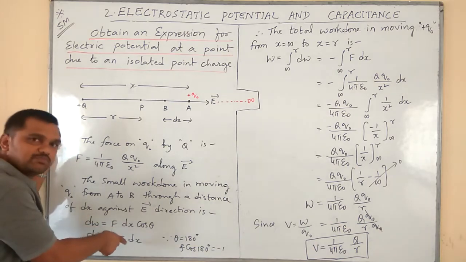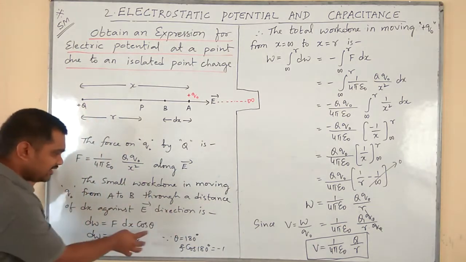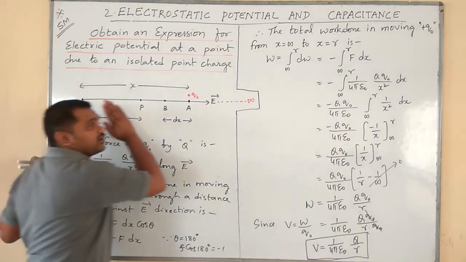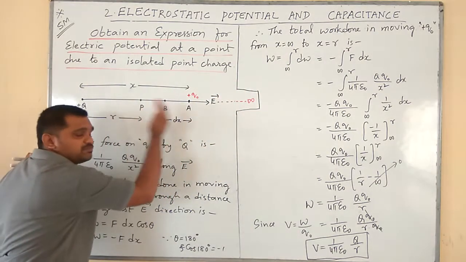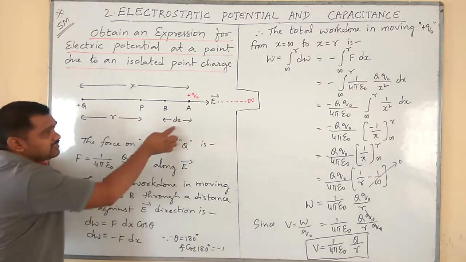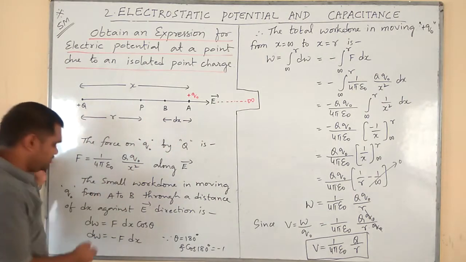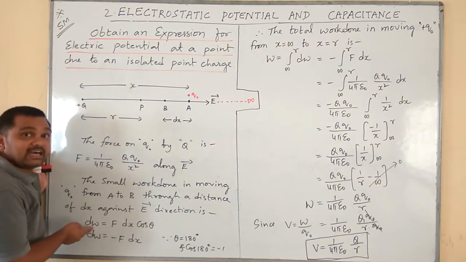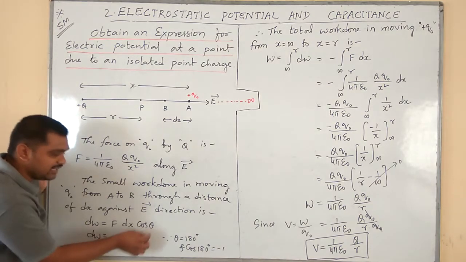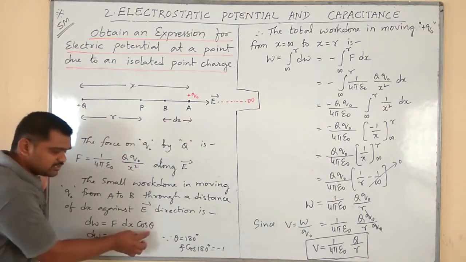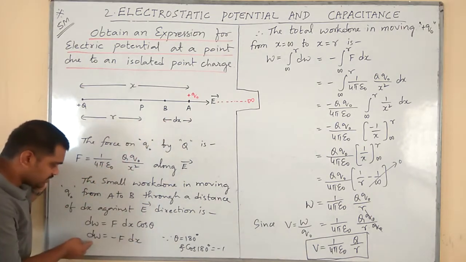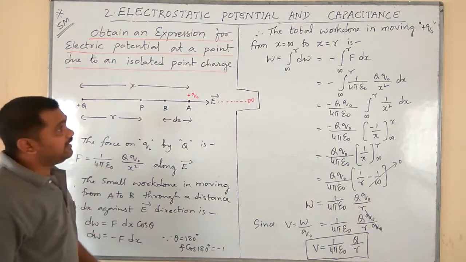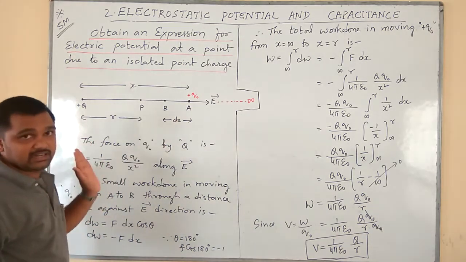That is force into displacement into cos theta. Theta is the angle between force and displacement. Force is along this direction, its displacement is along this direction. Since the work is a dot product of two vectors, which is a scalar, isn't it? Therefore, theta is 180 degrees there, cos 180 is minus 1. Therefore, simply I wrote dW is equal to minus F dx. This is the small work done.